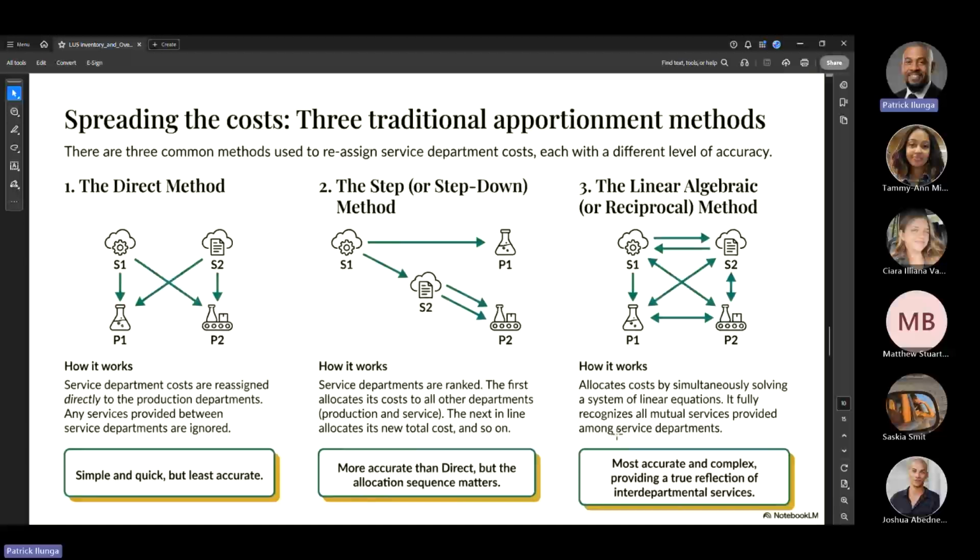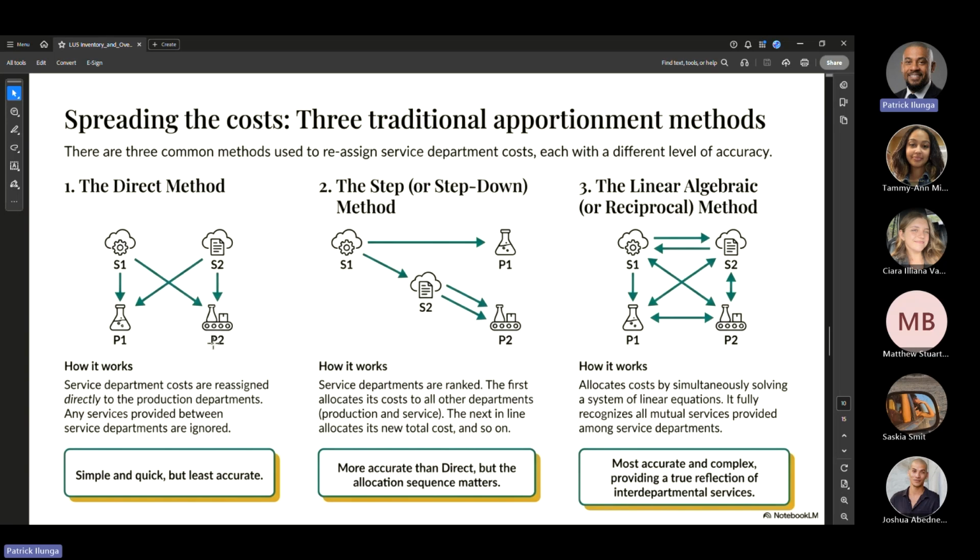We can use a direct method, meaning we are directly using the service cost and directly assigning it to the production department. Do you see that? S1 is assigned to P1. S1 is also assigned to P2.